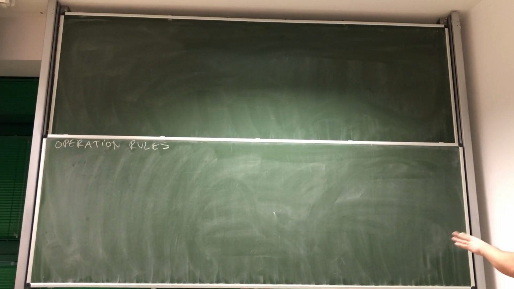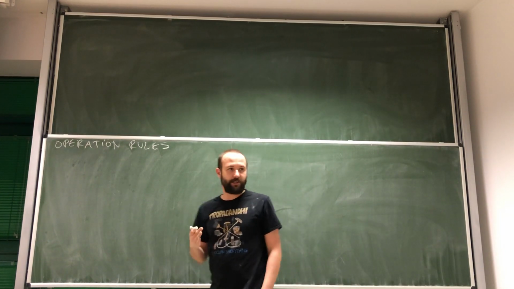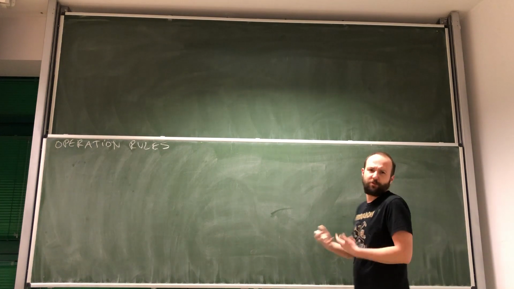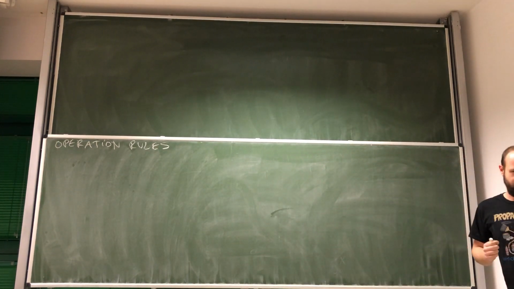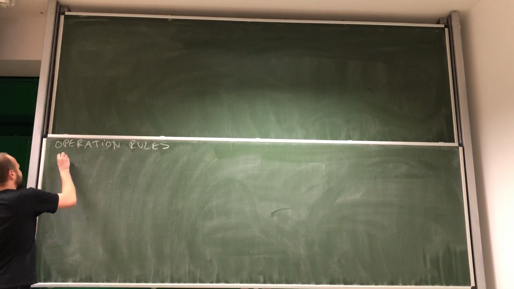Hi, in the previous video we've learned what integration is, and we've deduced some rules of integration from the rules on derivatives. Now let's introduce some operation rules, and the first one is going to be the integral of a sum.